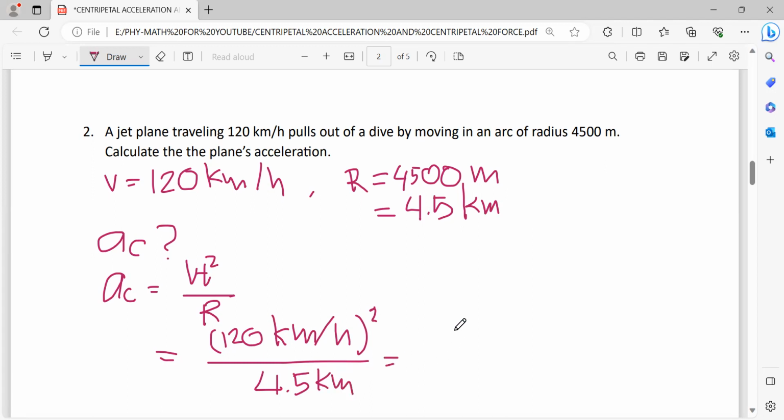And then after that, we should calculate 14,400 over 4.5, which is in km per hour squared.